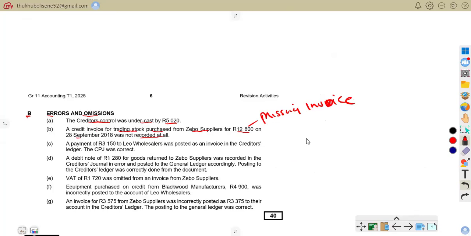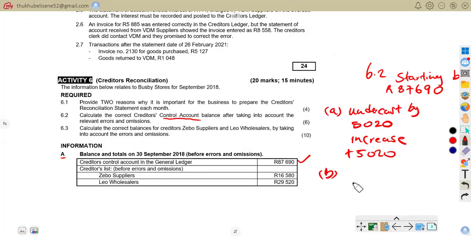So now we are to do that on information B, whereby we are going to find what? A missing invoice of 12,800. So it means you're talking about the purchases increasing creditors.